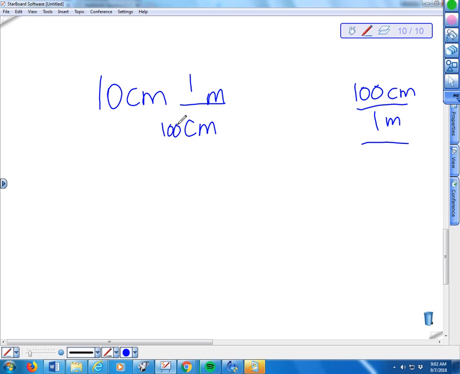And then I can cancel the centimeters, because centimeters over centimeters is just 1. And I'm left with meters, 10 over 100, which is 1 over 10. So 10 centimeters is 0.1 meters.